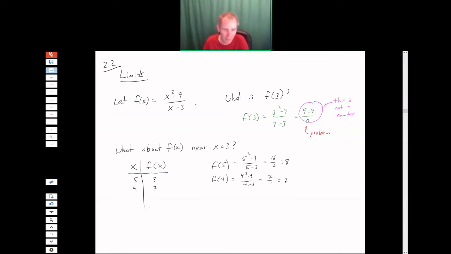Well, I can't keep going. I can't plug in 3 because we already said that's a problem. But I want to get closer to 3, right? I could plug in like 3.5. At this point, it's probably a little bit more efficient to just use my calculator. It's 6.5. Okay. Well, if you guys are on the ball, then I'll put a few of these on here. What if I do like 3.1 or 3.001?